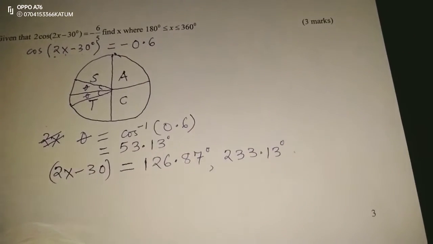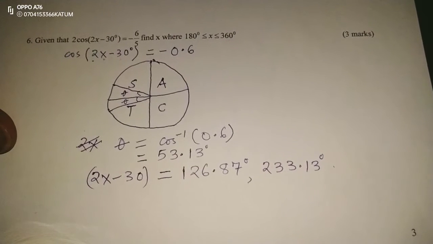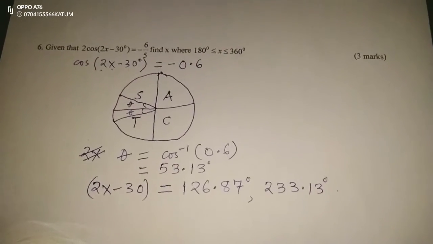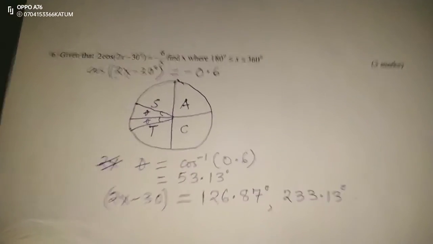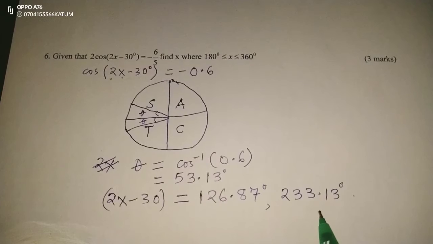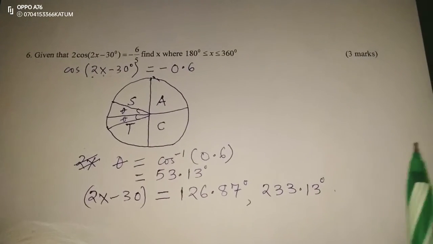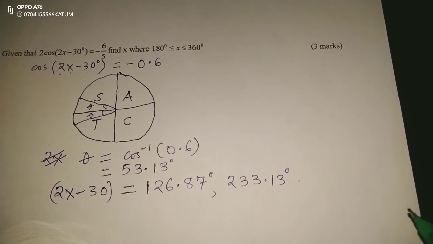The other thing we should know is that we are supposed to find other possible angles. In the first cycle, within the unit circle, these are the first 2 angles, which are possible values of 2x minus 30. But now we have to go to another cycle.